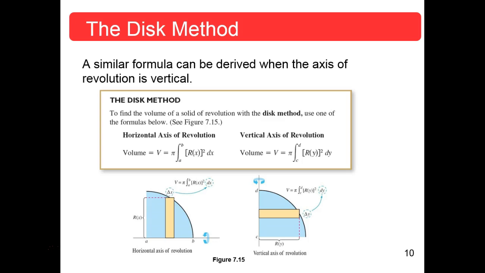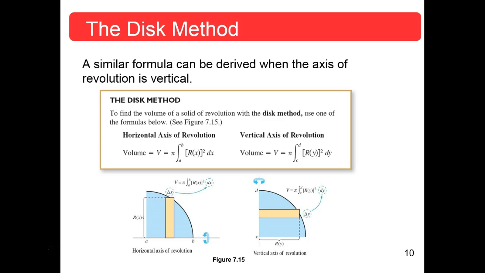Okay? If you're doing a vertical axis of revolution, then what you better do is have your radius as a function of y, not as a function of x. Because you're going to be doing dy, that's the thickness of the disk, so you need that radius as a function of y, not as a function of x.